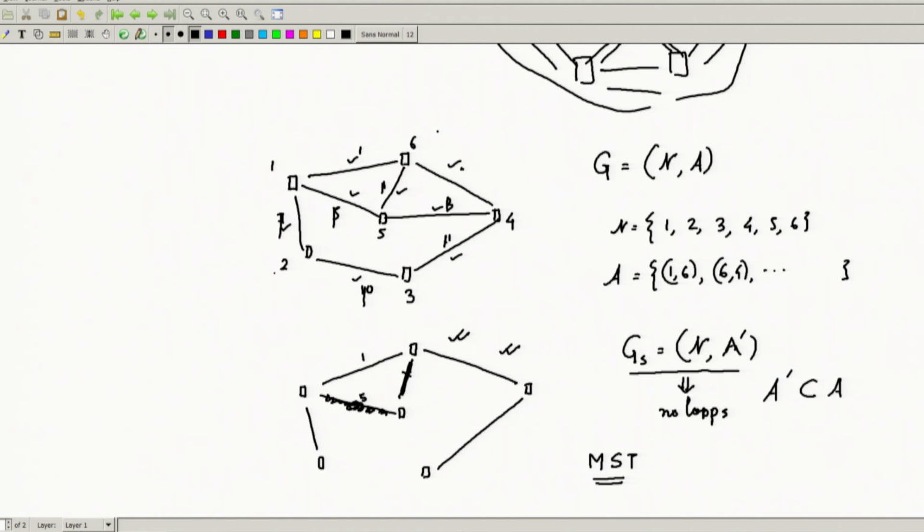So, you will be taking only this many links, and then any one you take, you replace this one by this one, it is still the same cost, because each link is costing 1 unit only. Okay. So, if each link is costing only 1, then any spanning tree is a minimum spanning tree.